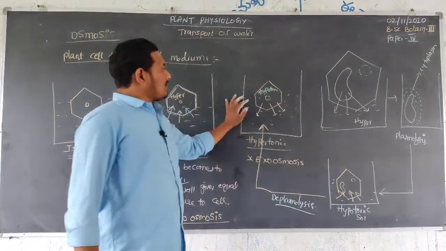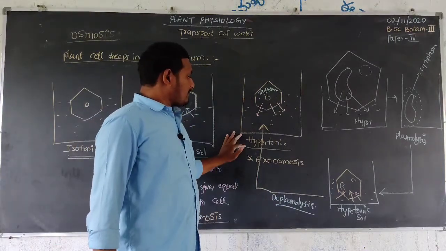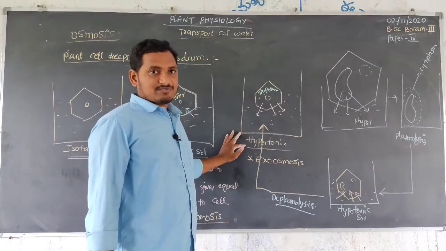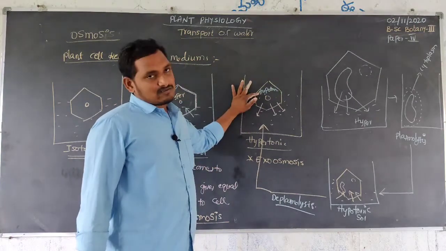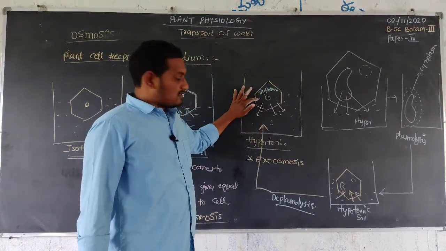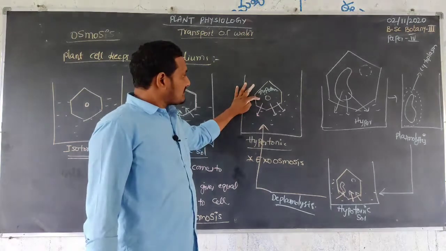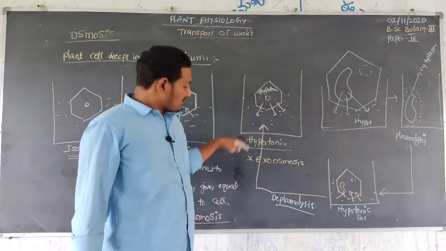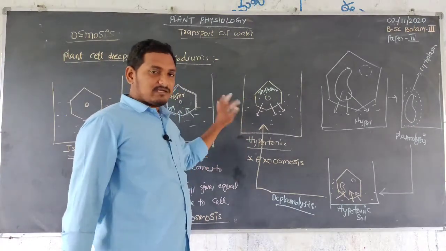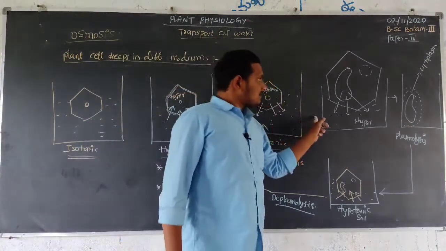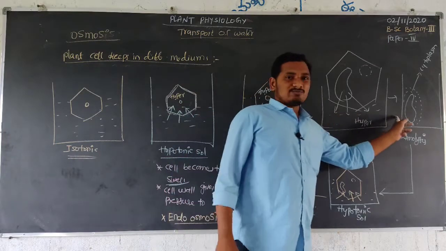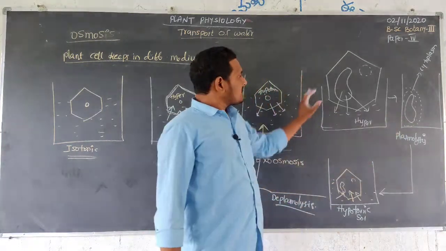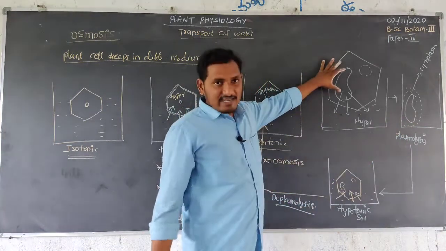First, when our plant cell is kept in a hypertonic condition, a highly concentrated solution, the cell is less concentrated. Due to exoosmosis, water moves from the cell to the medium. As a result the cell becomes plasmolyzed.